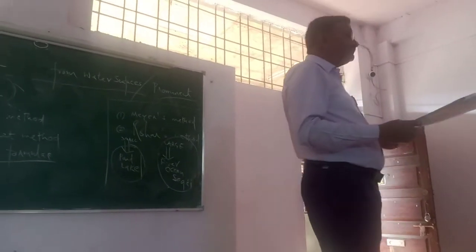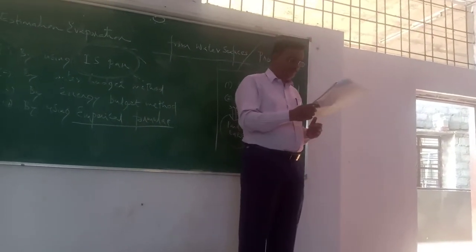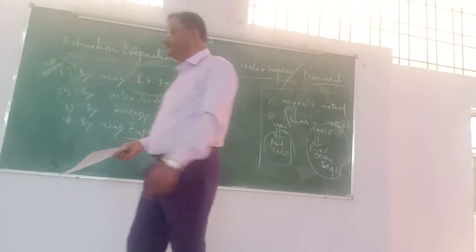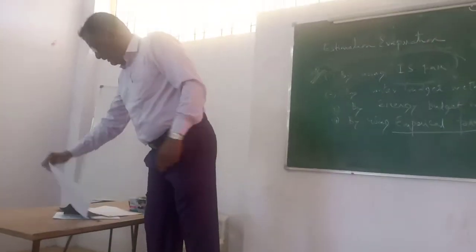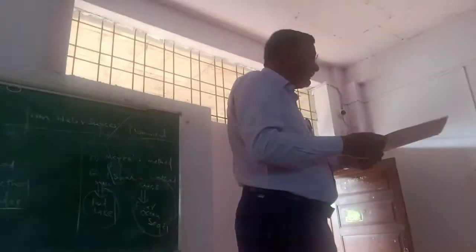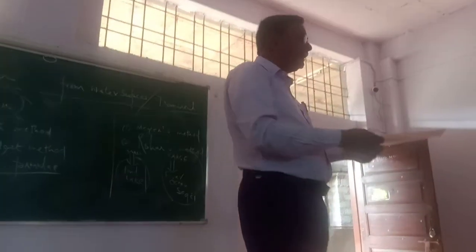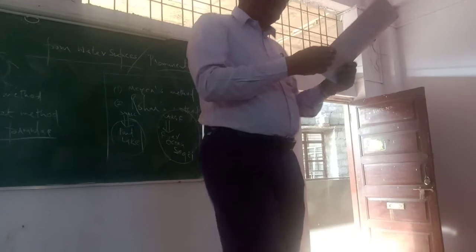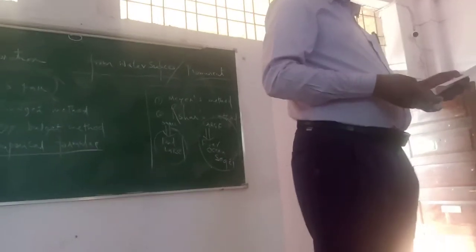The first two are very important from the syllabus point of view. In the syllabus it has been mentioned. What is the syllabus I have mentioned? Anybody? I am reading your syllabus, that is also covered: measurement of evaporation using IS class A pan.